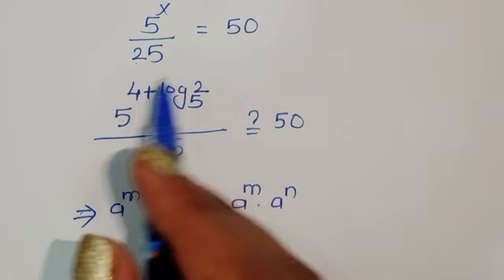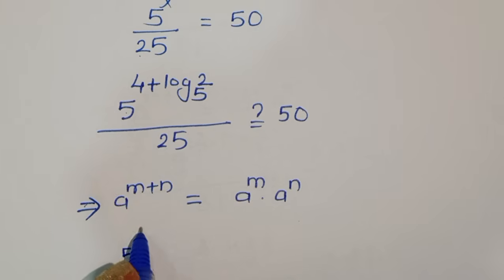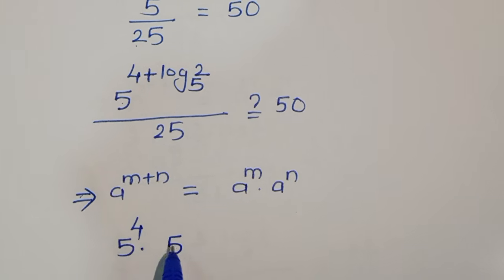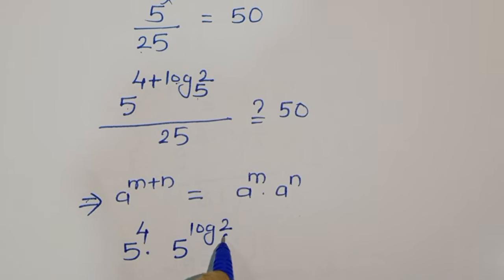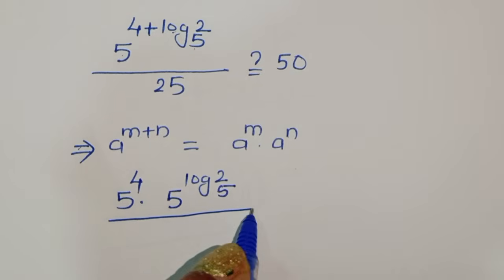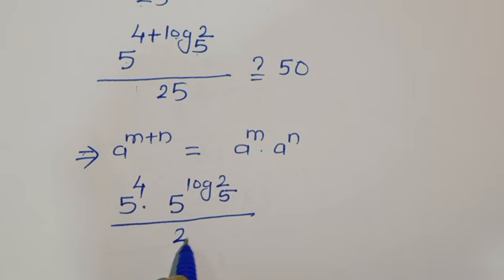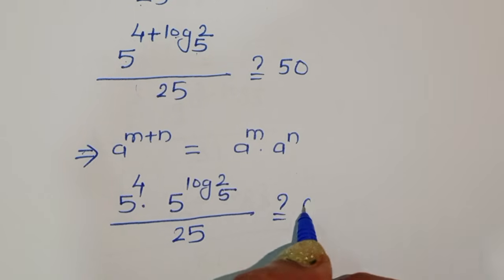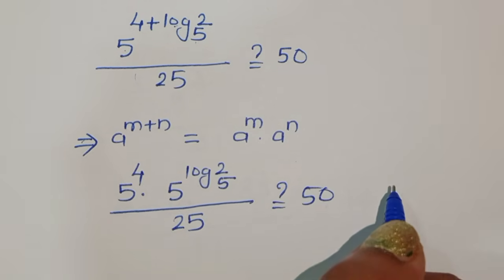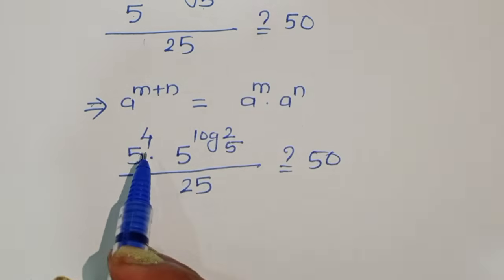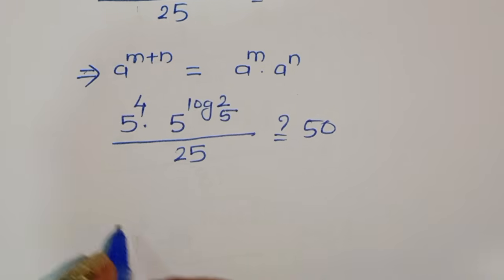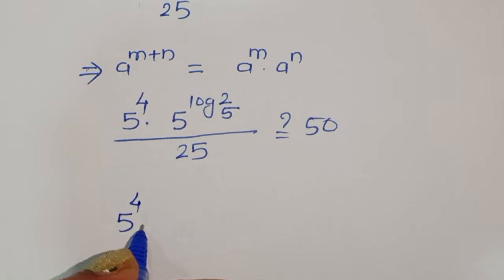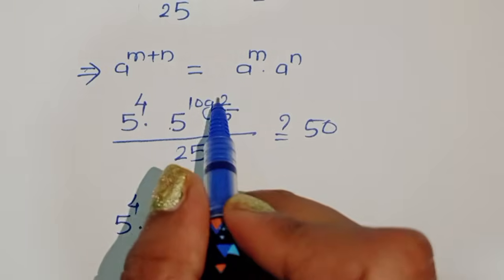Using this formula we can write 5 power 4 times 5 power log of 2 to the base 5, divided by 25, equal to 50?